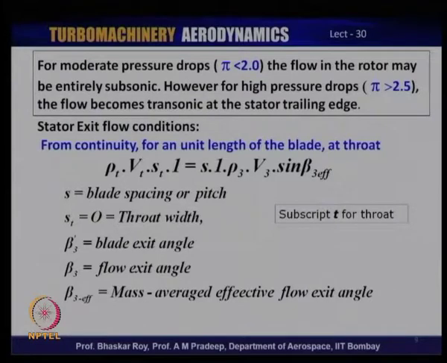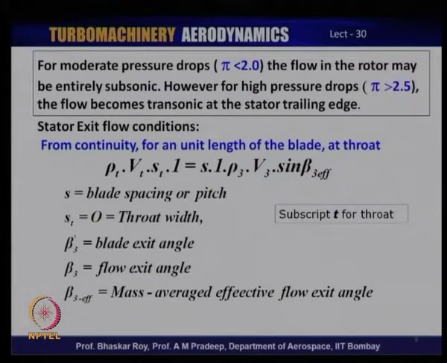Now, let us see that if you have a moderate pressure drop across the turbine of the order of 2 or less, the flow in the rotor is most likely to be subsonic, which means you can do with a subsonic rotor and still be quite content getting a pressure ratio of the order of 2.